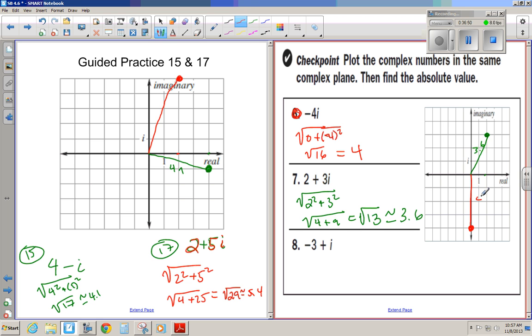The last problem, negative 3 plus i right here. So it's negative 3 squared plus 1 squared. That's 9 plus 1, square root of 10, which should probably be about 3.1. Might not actually be 3.1, but it's pretty close. 3.2.